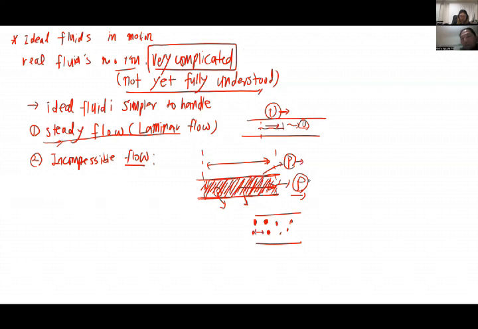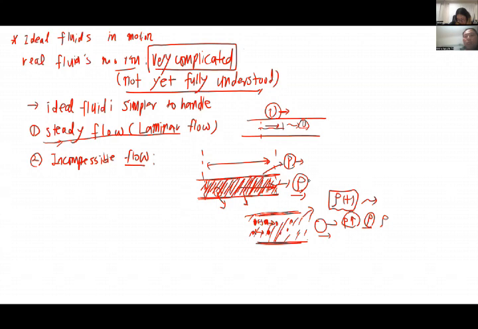If the separation between the molecules inside the fluid changes in time in a local area, that means your density fluctuates, and some area of the fluid would have higher or lower density than average. Then the volume of this fluid will also change, which means the fluid will be compressed or decompressed over time.